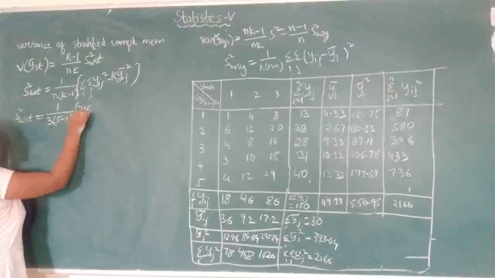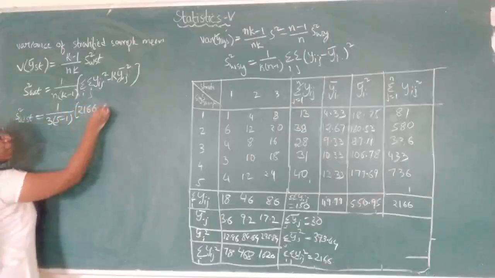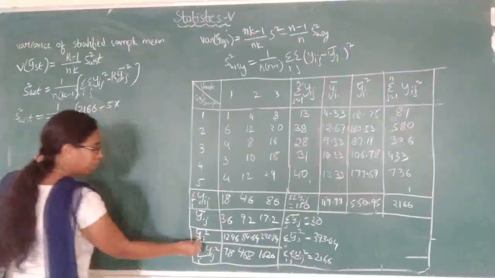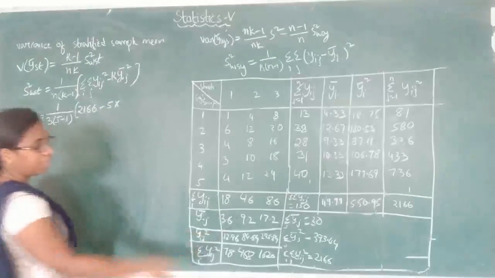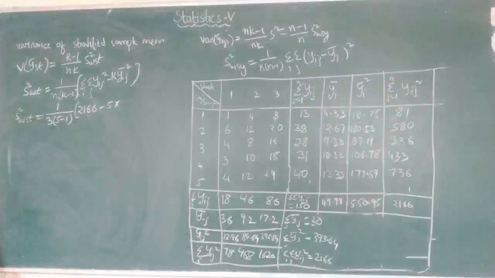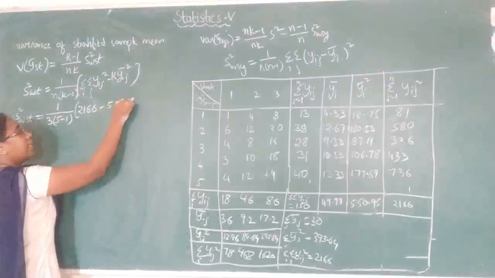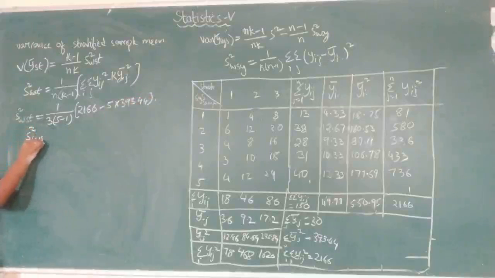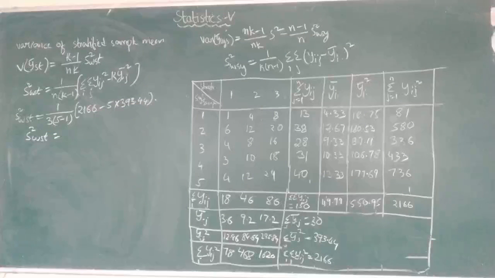So 2166 minus k into 5 into y dot j bar square value, we got it as 393.44. So substitute that value. Now solve this one and find the S square wst value, we will be getting S square wst value as 16.57.